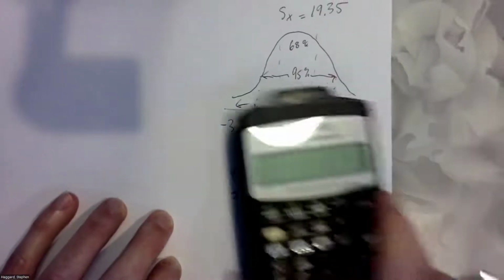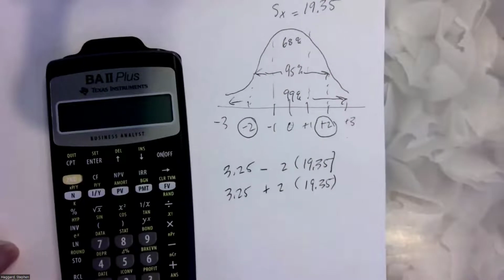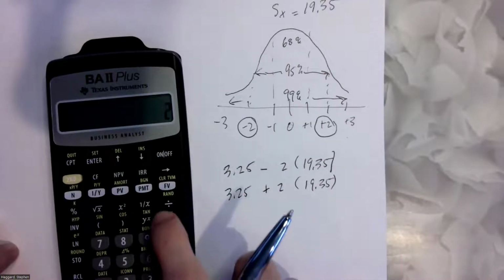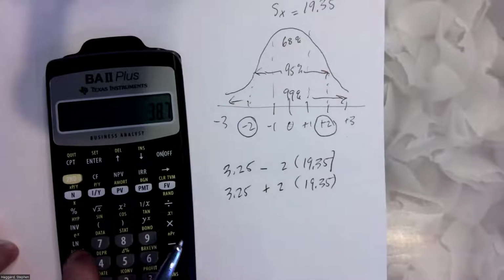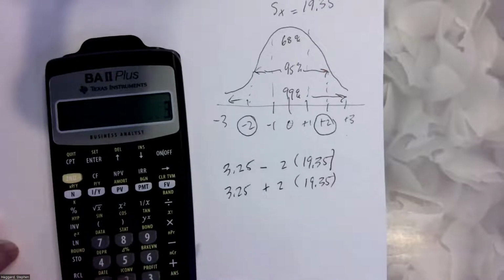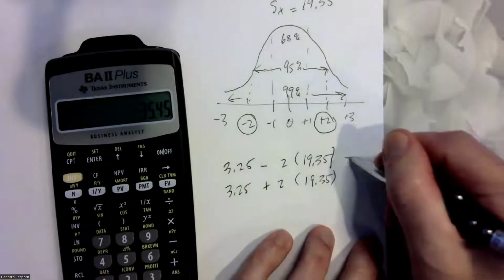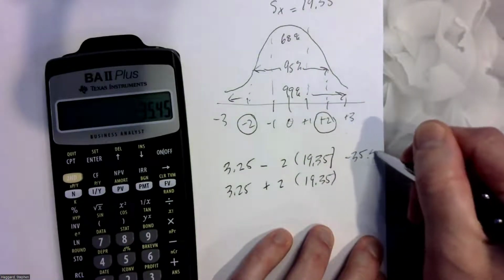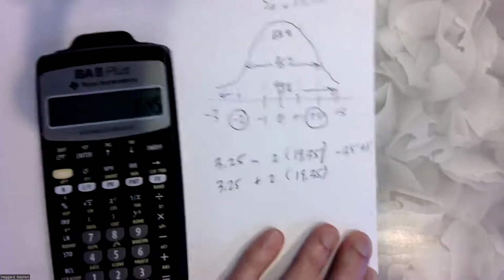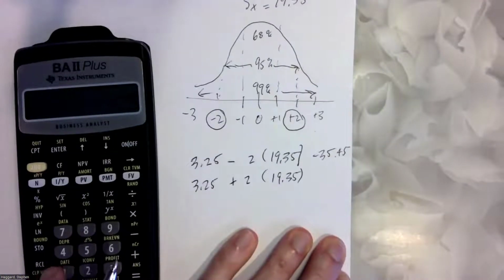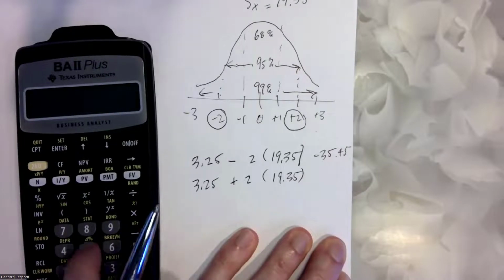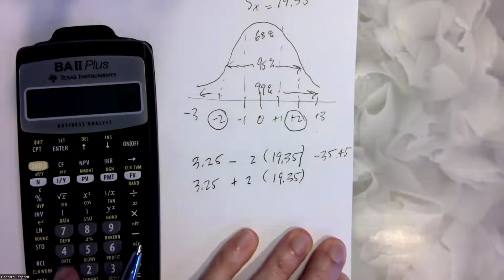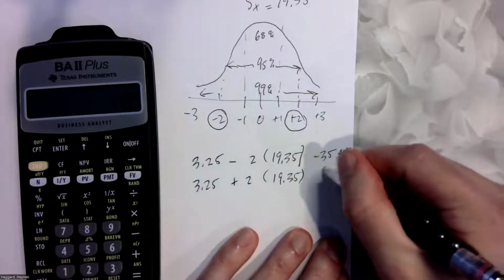So here's what I'm going to do on my calculator. I'm going to say 2 times 19.35 equals, and I'm going to store that. 3.25 minus recall 1 equals, I'm getting minus 35.45. And then 3.25 plus recall 1 equals 41.95.